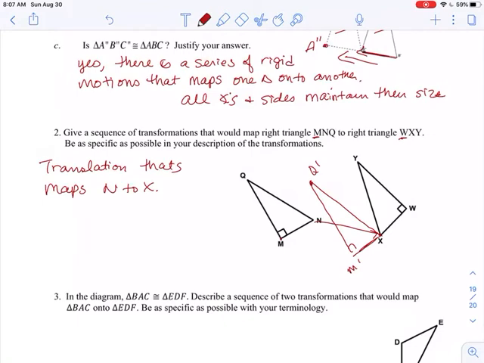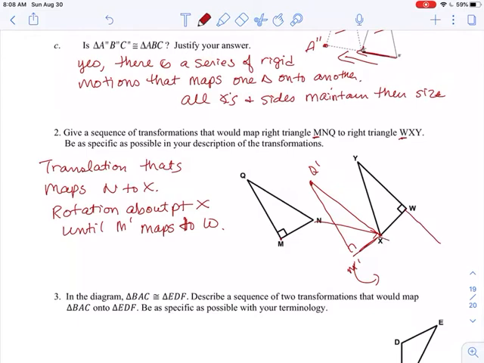Now, after you touch on a point, I want to rotate it so I have a whole side touching, and then once a side is touching, then I can reflect it. So after I do that translation, so I get them to touch, I'm going to do a rotation about point X until M prime maps to W. So basically, I'm going to rotate this all the way around so that my triangle is now going to be here touching.